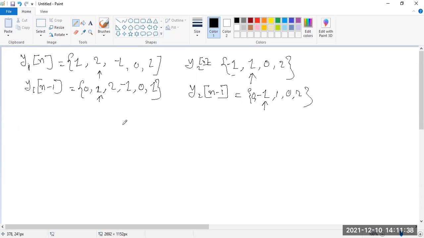Now if you add all of this, y3 of n will come. This is the 2, this is the origin position, so here is 1, 0, minus 1, 0. So it will give 0, 2, 1, 3, 4, minus 1.